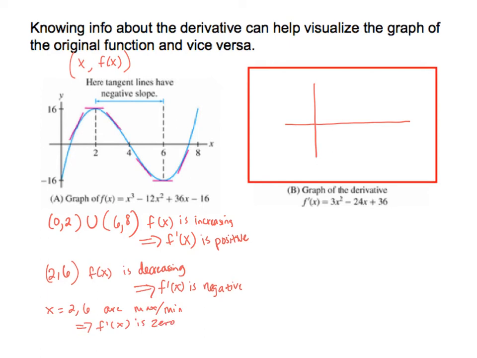Okay. So now when we translate this to the derivative graph, think we are plotting x comma f prime of x. Our y values are derivatives. So we've made blanket statements essentially about our derivatives. We have said that at 2 and 6, our derivative is 0.